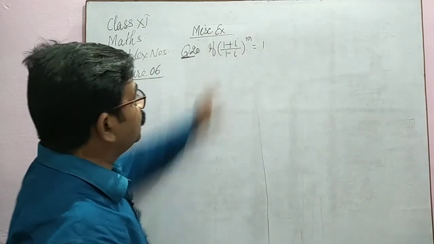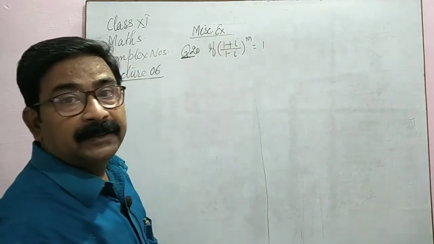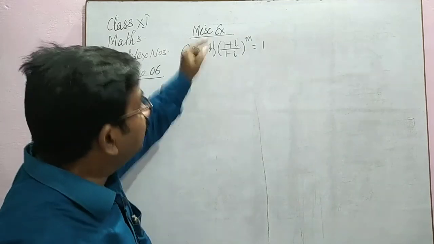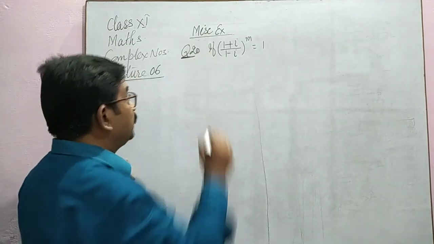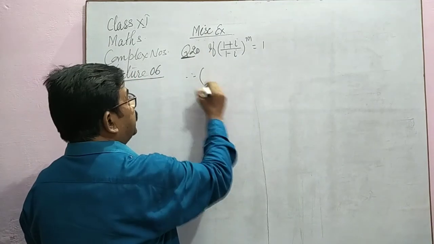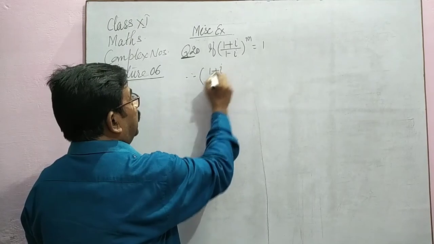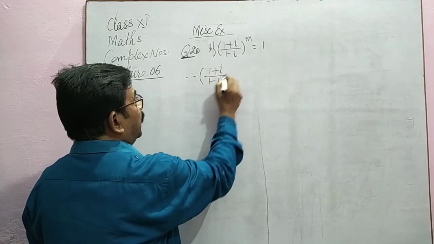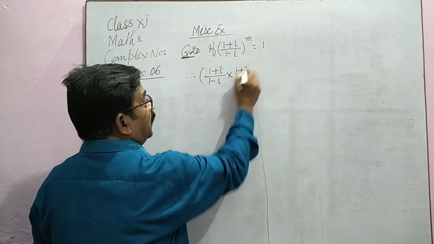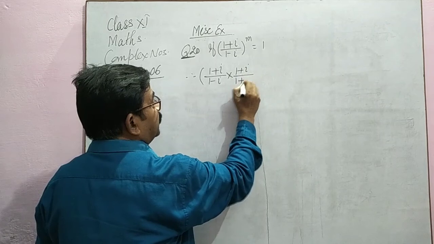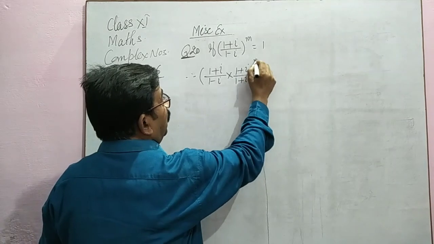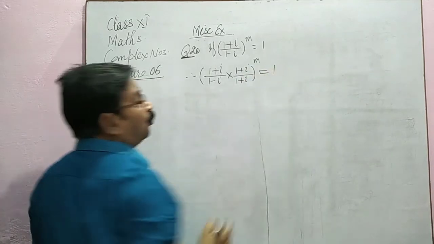First we have to simplify this bracket. So multiply and divide by the conjugate. Therefore we can write (1 plus i upon 1 minus i) times (1 plus i upon 1 plus i), the whole to the power m, is equal to 1.